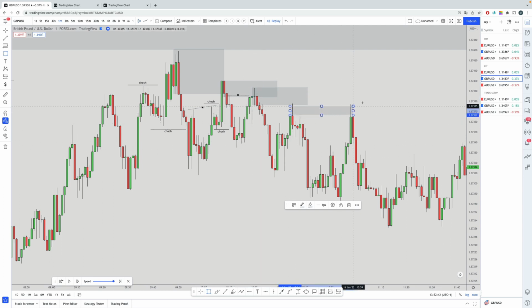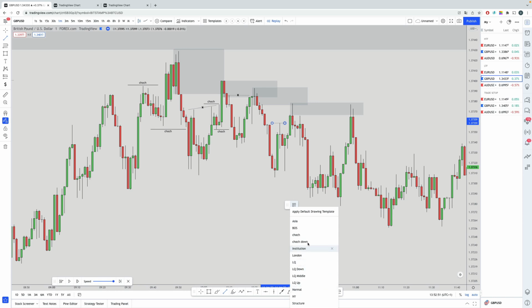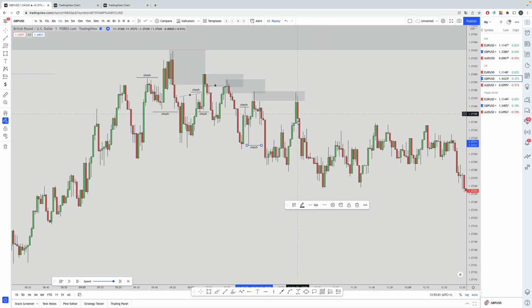But here again, supply, and here you can definitely use Choch again. So Choch and this. And so on, you know, you can play that game. So it's a very powerful tool if you know how to use it.